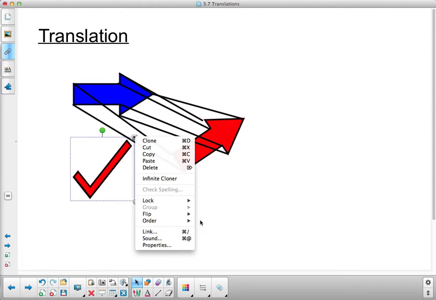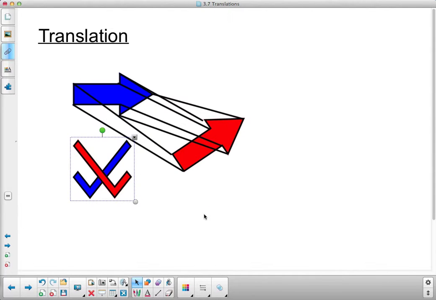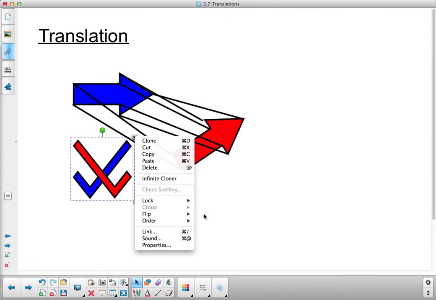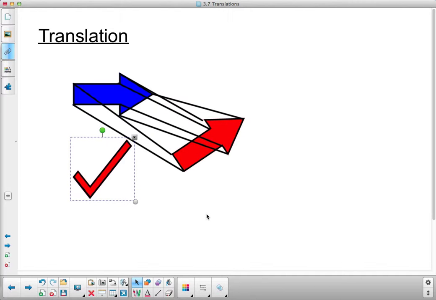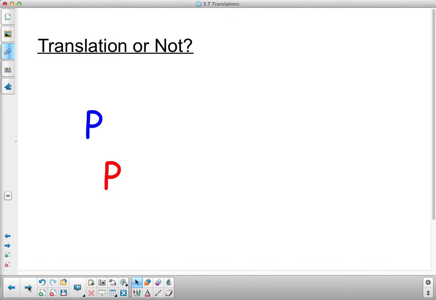Okay, so let's flip left to right. Maybe I shouldn't use a check mark, huh? So the point is, when you flip it, it's not creating a translation. It's reflecting it rather than that. Alright, we'll go to something else here.